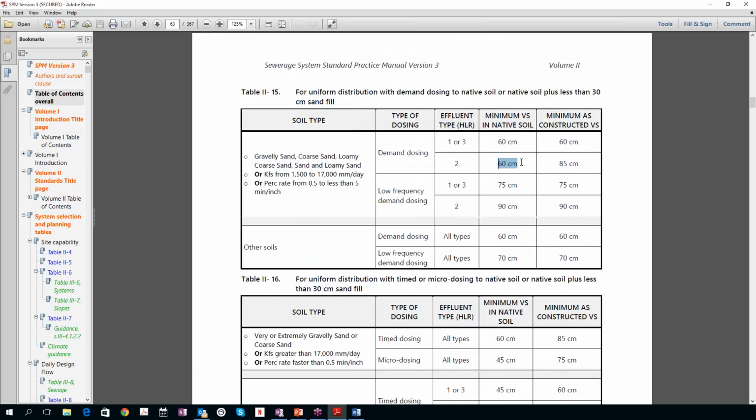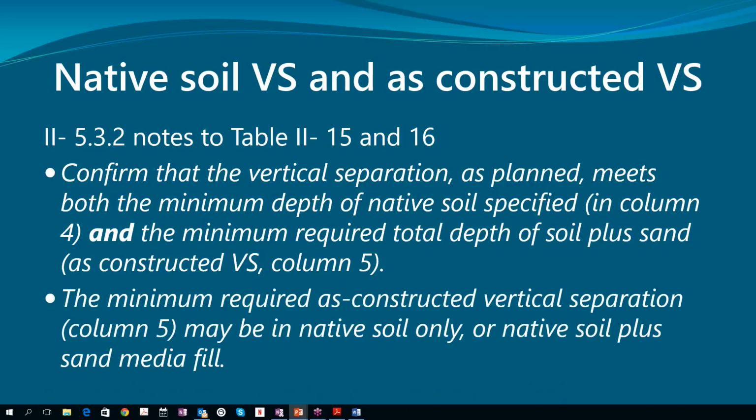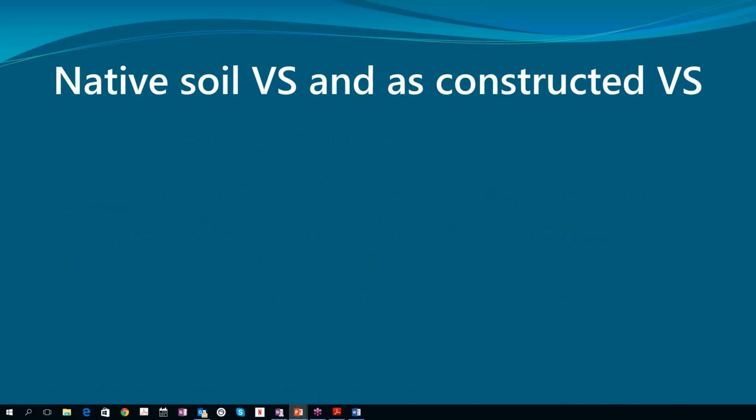If all we had was 60 centimeters of native soil, we would have to add 25 centimeters of sand. So you need to meet both columns. As constructed may be a native or native soil plus sand media.